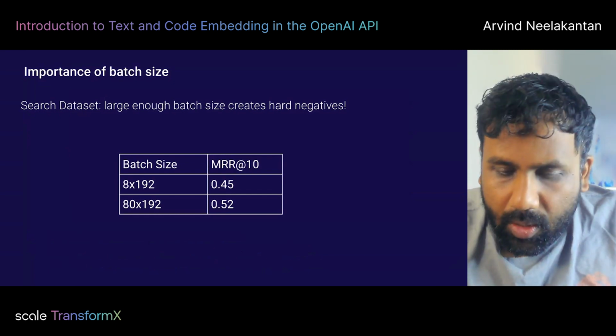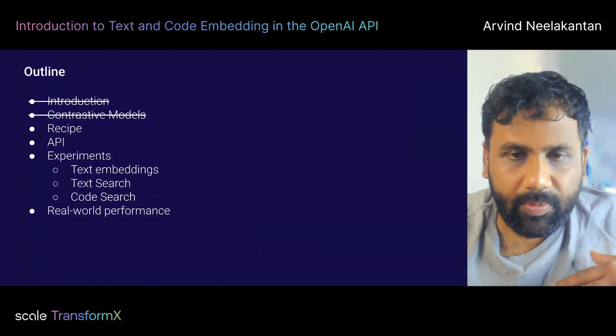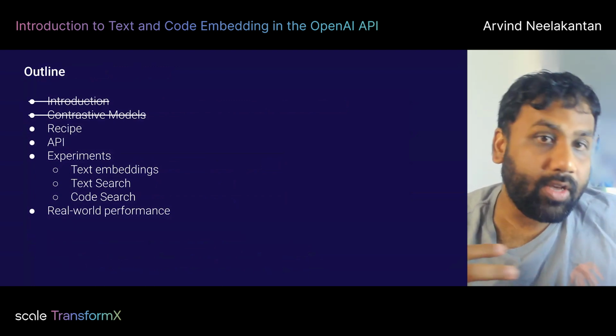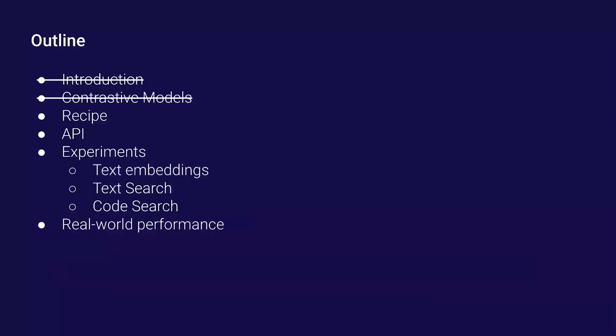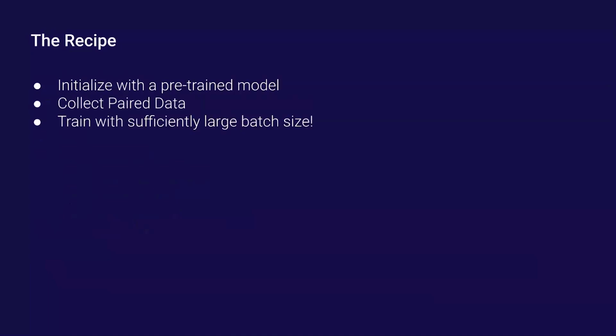Cool. So we started off with contrastive models, went a bit more into the details of the model, architecture, data, and loss function. Now I'll give you the high-level recipe that we use to get text and code embeddings. Okay, the recipe is as follows. You collect pair data, and then you train with sufficiently large batch size.